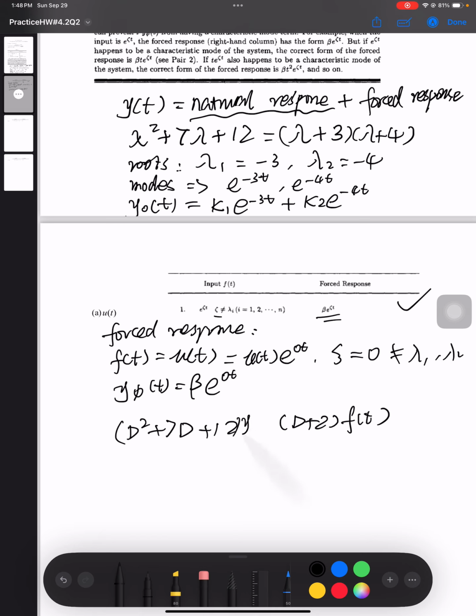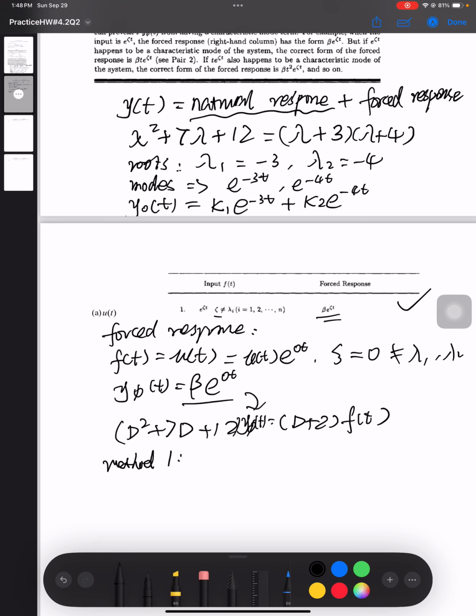The forced response y_phi(t) equals this part. There are two methods to solve this forced response. Method 1: we can just bring this into the equation and calculate.